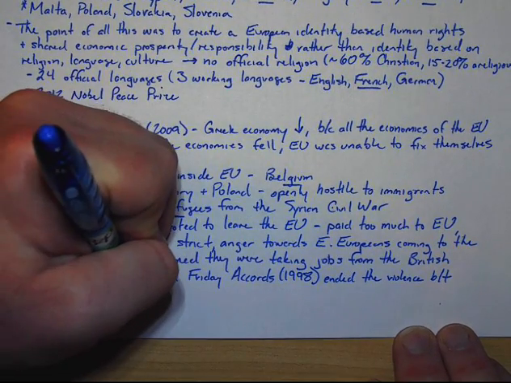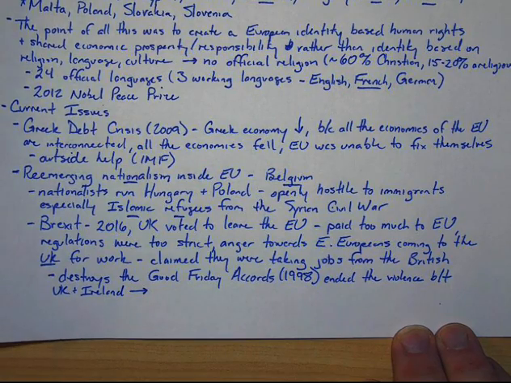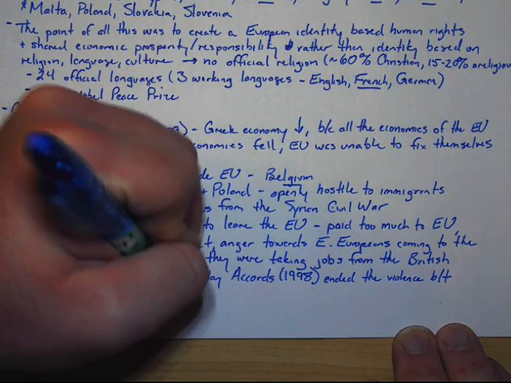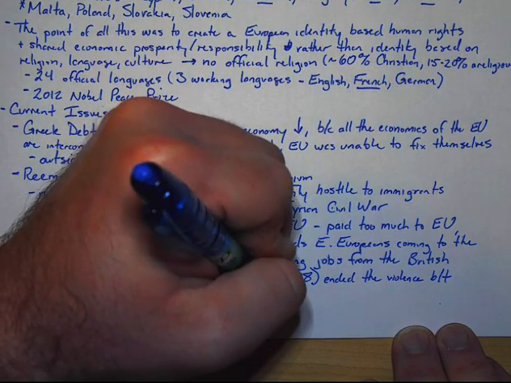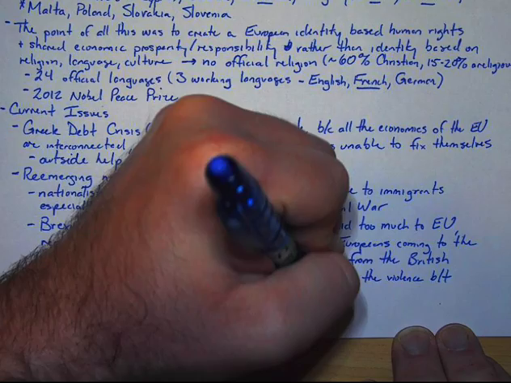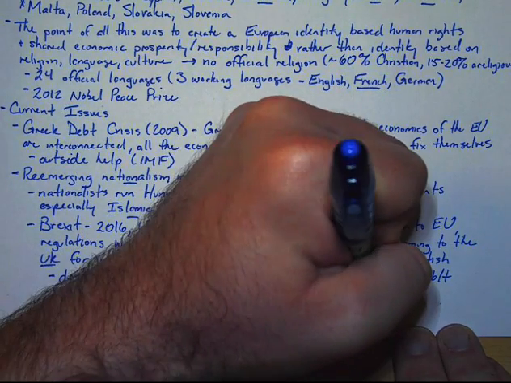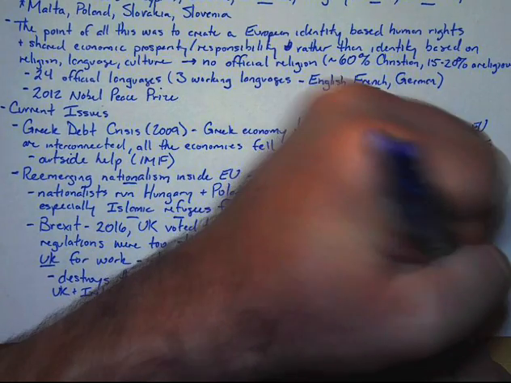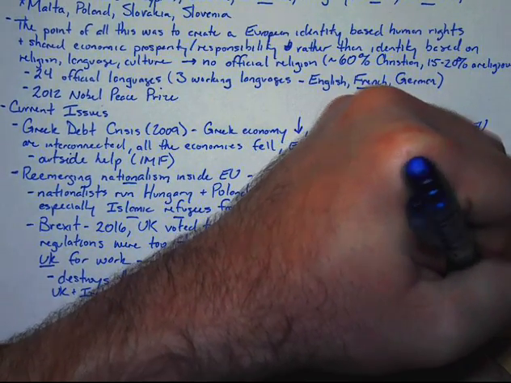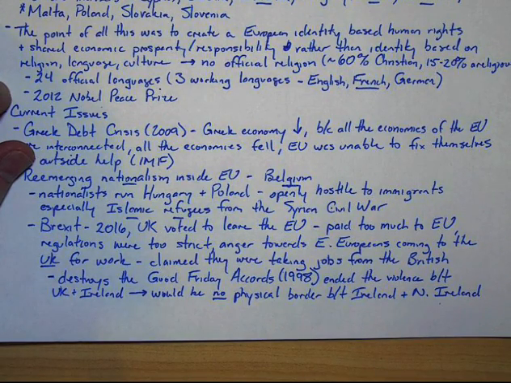Basically, what the Good Friday Accord said, in part, was that there would be no physical border between Ireland and Northern Ireland. That the Irish people were allowed to go as they wished across the border, and there would be no checkpoints.